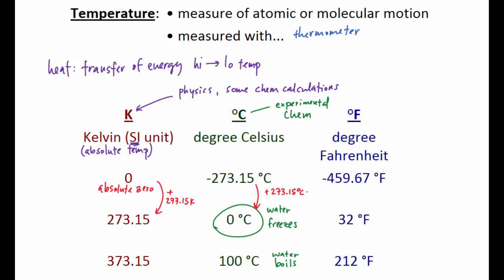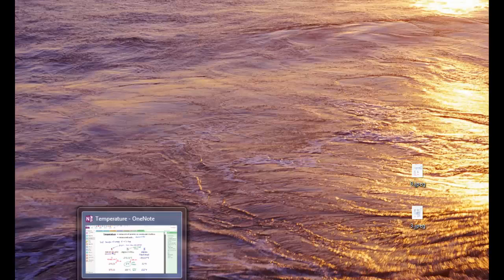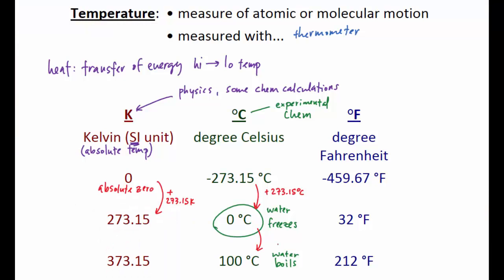Degree Celsius. See that? And look at the difference between water freezing and water boiling. There we go. That is a difference of 100. And look at the Kelvin scale here, 273.15 to 373. That is a difference of 100 Kelvin.